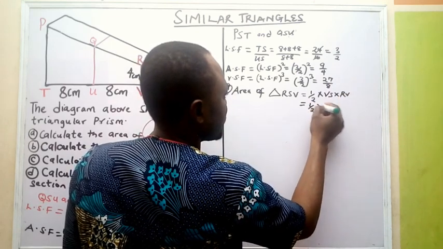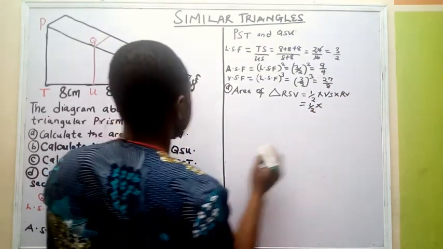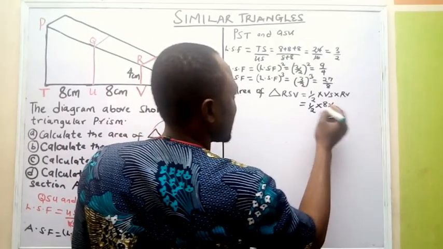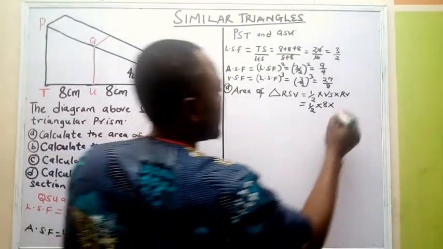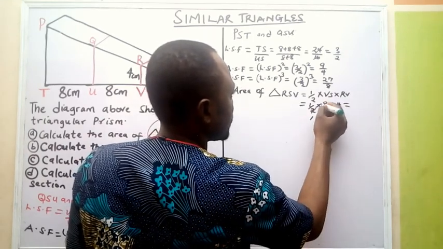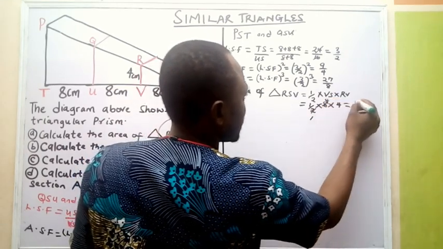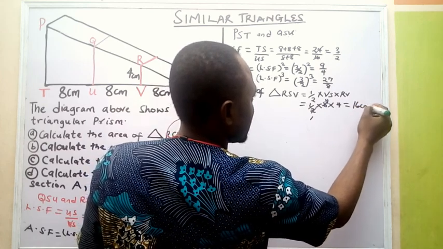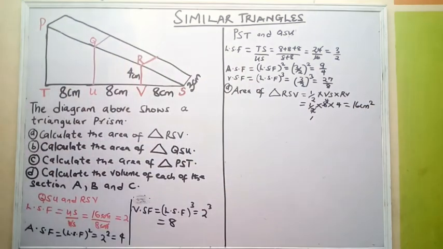Half times 8 times 4: 2 here, 1, 2 here, 4, so 4 times 4 is 16 centimeters squared. So the area of RSV is 16 centimeters squared.